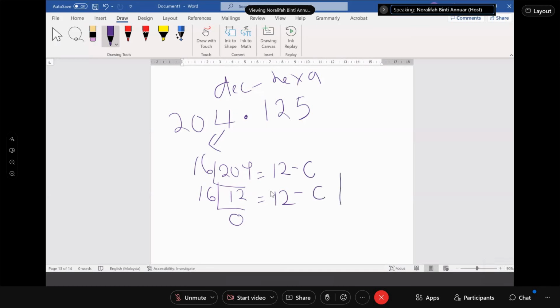Ini bottom up. So then you know. So 1, 2, 5 macam mana? You simply divide and multiply by 0.125 divided by 16.